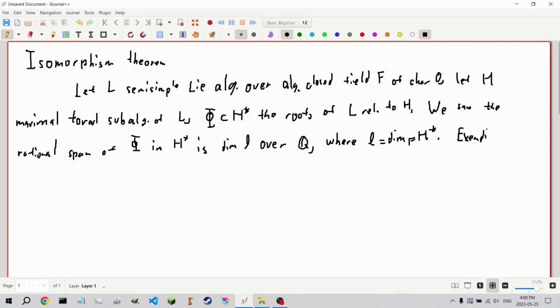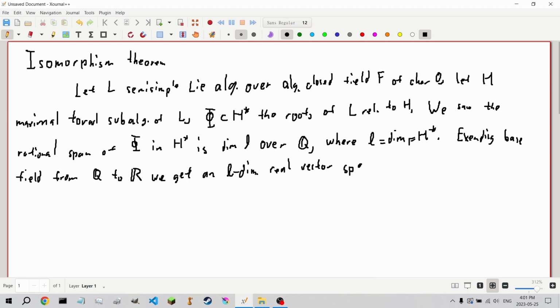Extending the base field from rationals to reals, we get an l-dimensional real vector space E spanned by Phi.